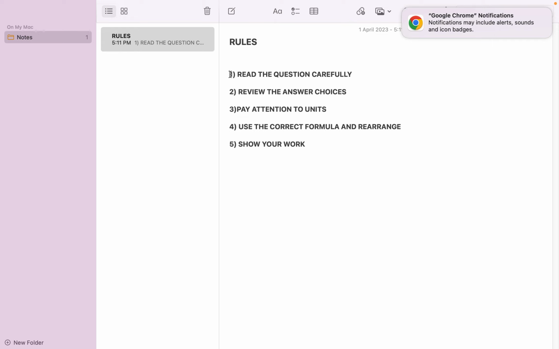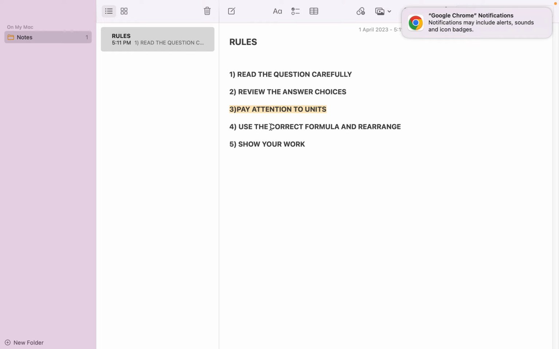First of all, read the question and make sure you understand what the question is asking and look for keywords. Secondly, review the answer choices and eliminate any obviously wrong answer. We must pay attention to units and convert when necessary using conversion factors.